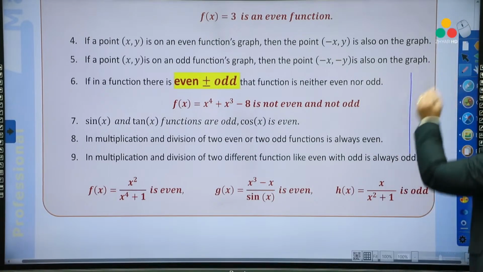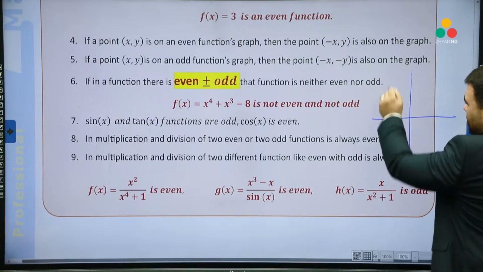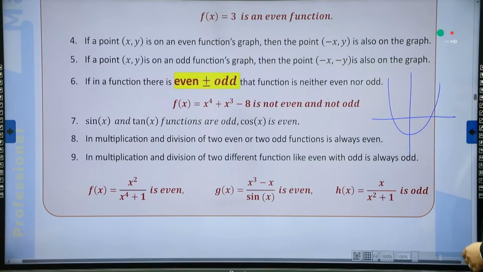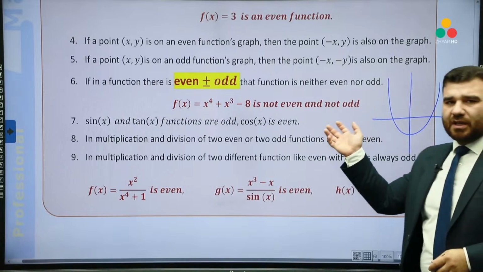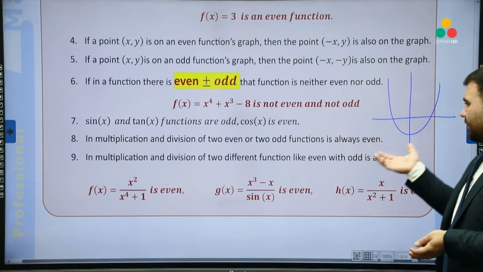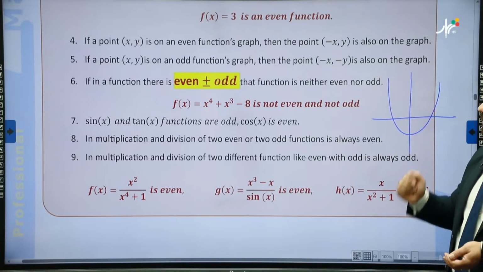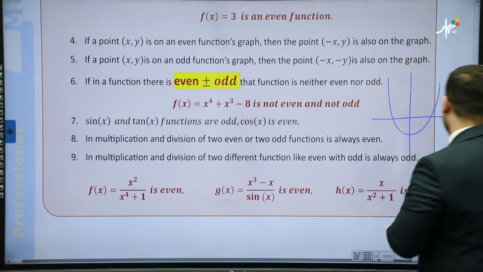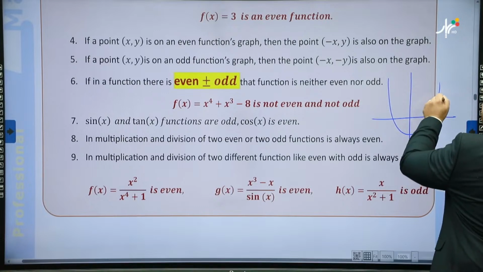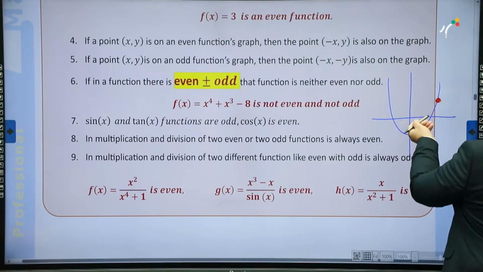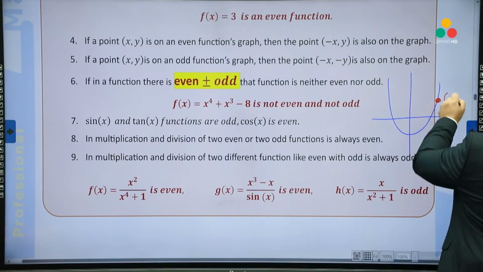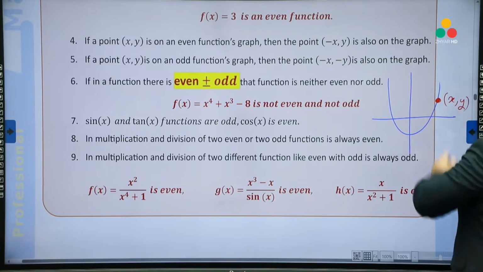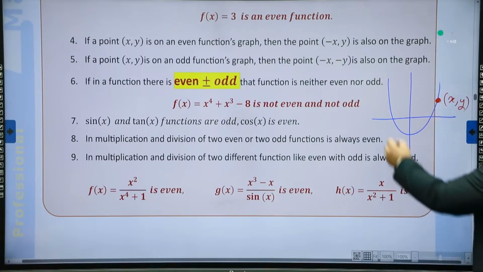We said consider an even function as this. Always when you think about an even function, consider the graph is like this. Then the point (x, y), where x and y are both positive, is this point. Since the function is even, this point is (x, y).